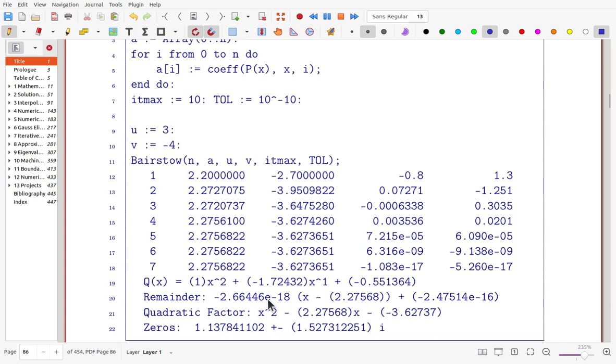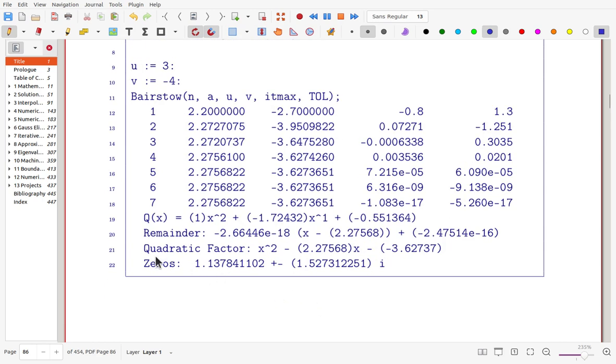Okay, they are small. And then here is the quadratic factor x squared minus ux minus v. That is u and that is v. And from this quadratic factor, we can find 2 zeros, 2 complex valued roots. They are here.